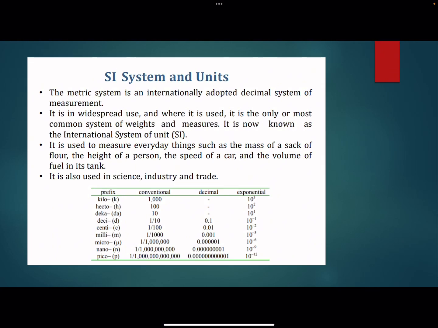It's now known as the International System of Units, which is SI. It is used to measure everyday things such as the mass of a sack of flour, the height of a person, the speed of a car, and the volume of fuel in its tank. It's also used in science, industry, and trade.